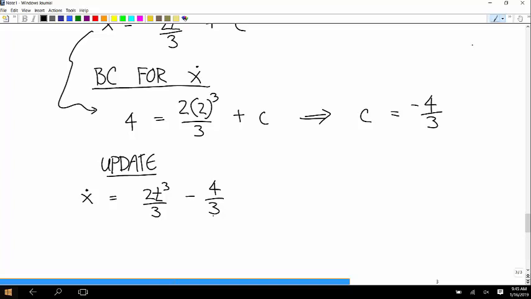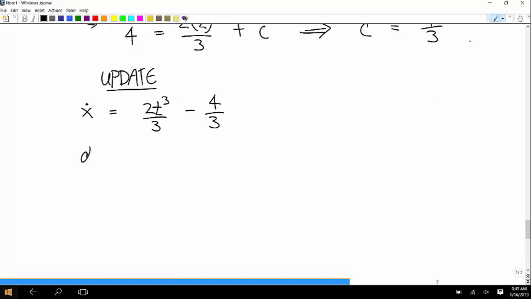And now the second step, x dot is dx dt. So we have dx dt is equal to 2t cubed over 3 minus 4/3. And again, this is all just a function of time. So we can think of the right side of this equation as a function of time times 1, which we can think of as the function of x.